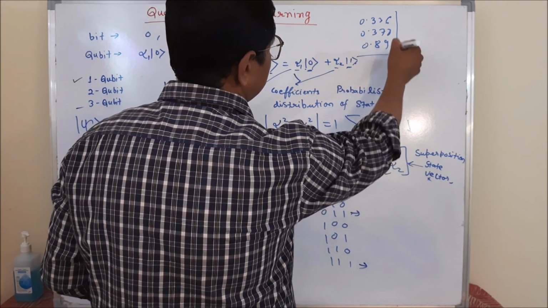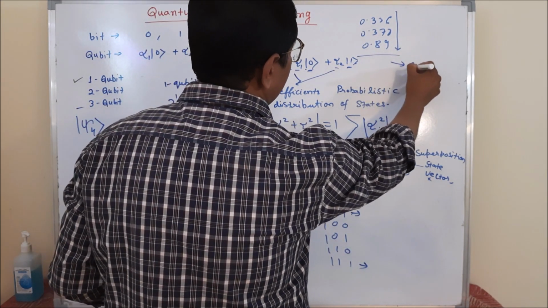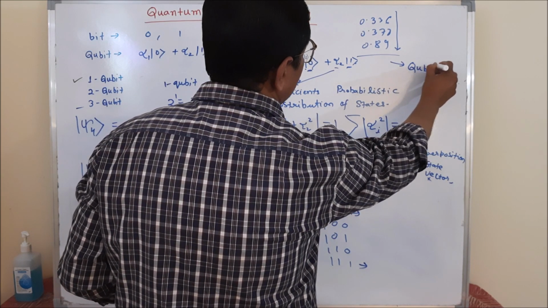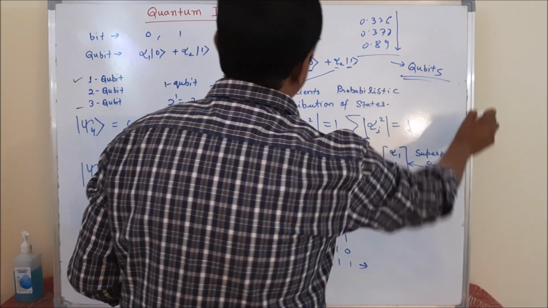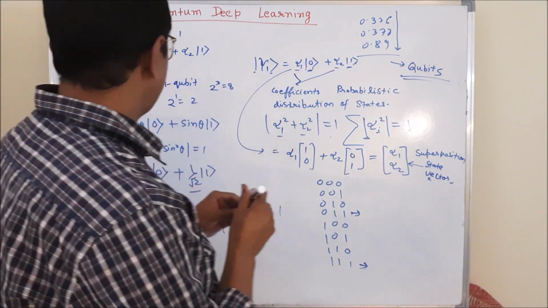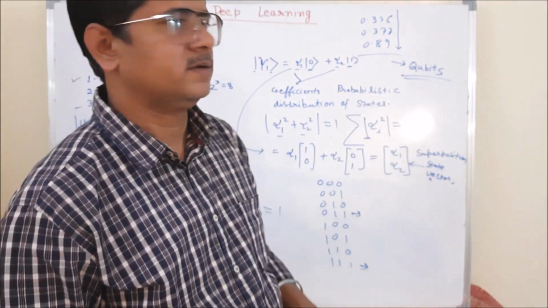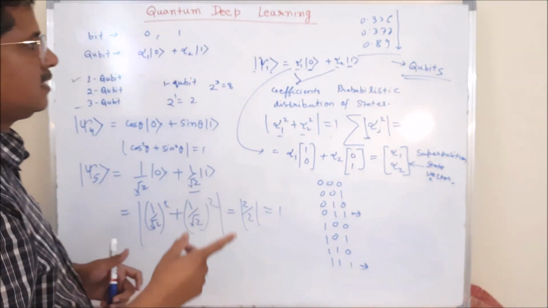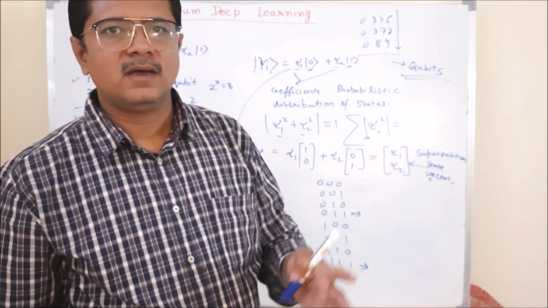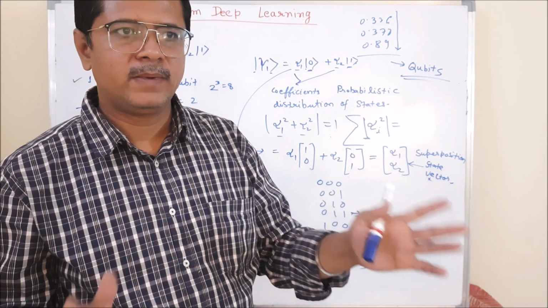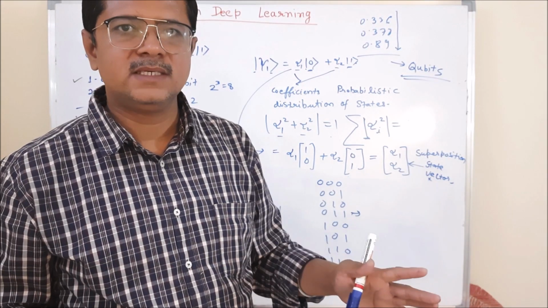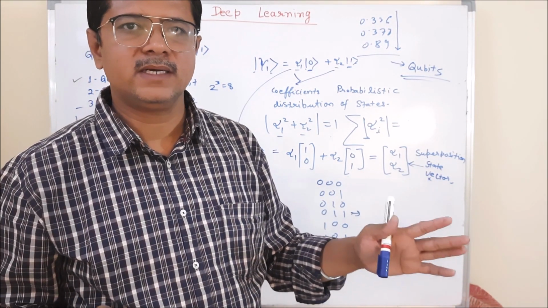Once we apply those angular rotations, it will convert the data into the Qubit system. Now you are ready to switch from the Qubit system to the quantum circuit. And after the quantum circuit, I will try to explain how to prepare one basic quantum deep learning architecture.